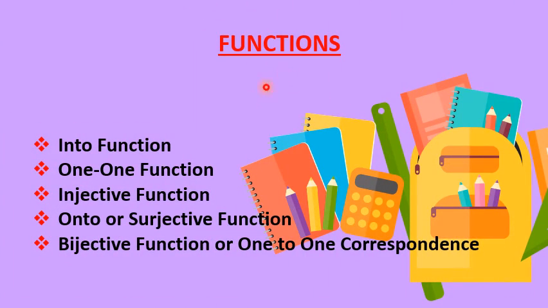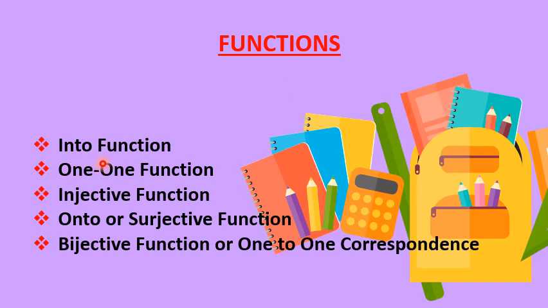Then functions. These are the functions that we have discussed in chapter number 5. For a function, remember that a relation will be a function if the domain of the relation is equal to set A and there is no repetition of elements in the domain.